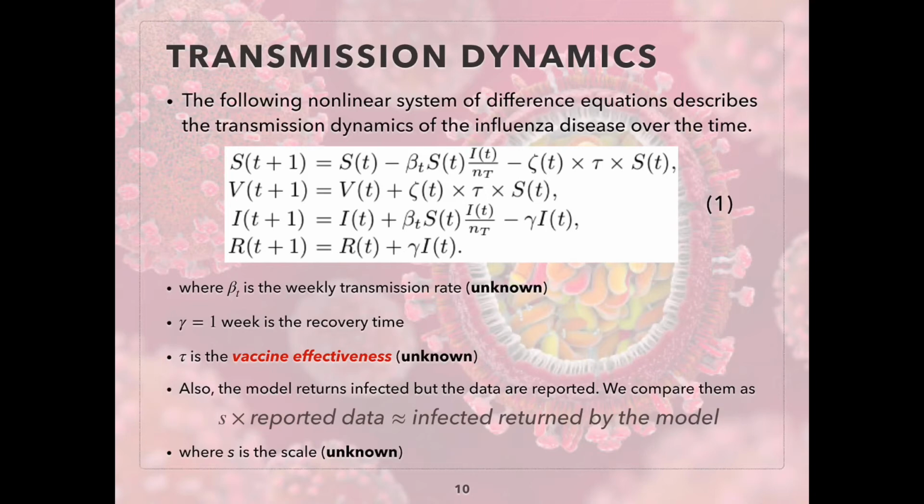So we need a scale factor S that, multiplying the reported data, will approximate the infected returned by the model.